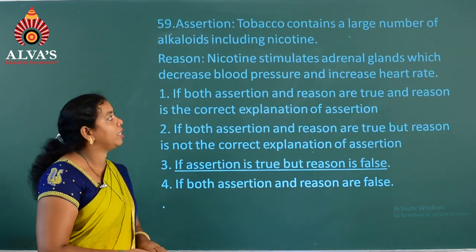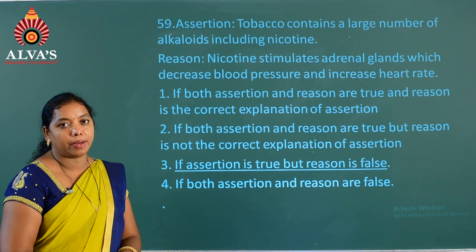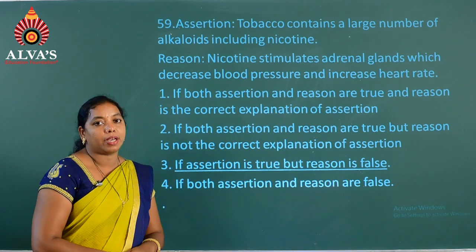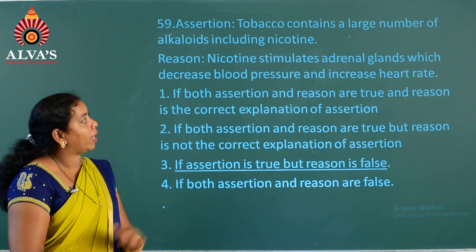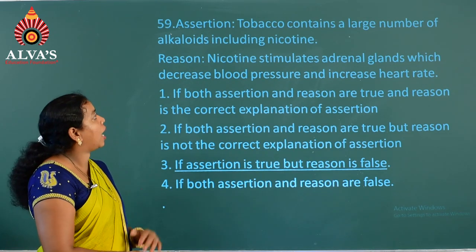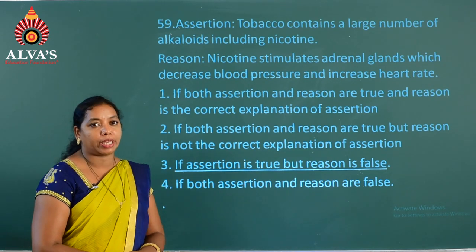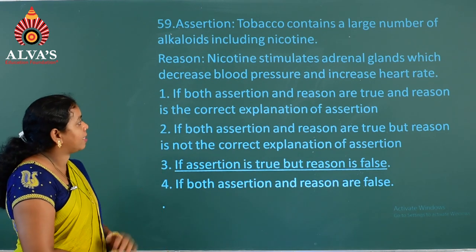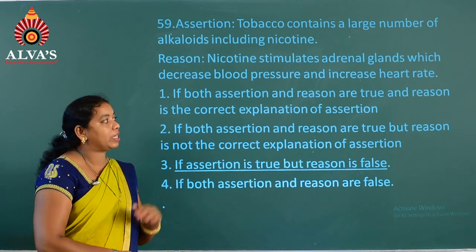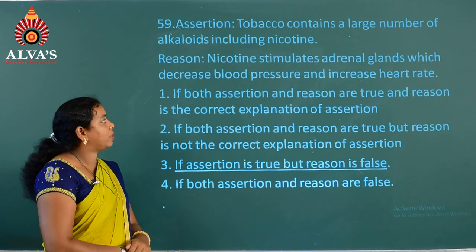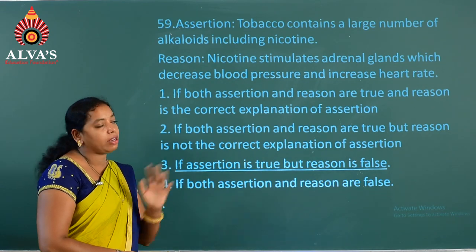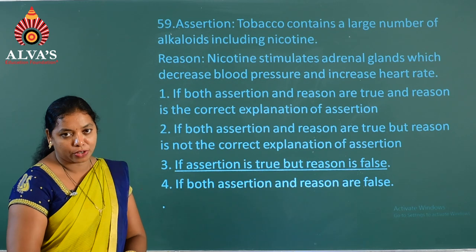Go to the next question, question number 59. Here the assertion is tobacco contains a large number of alkaloids including nicotine, whereas the reason is nicotine stimulates the adrenal glands which decrease the blood pressure and increase the heart rate.